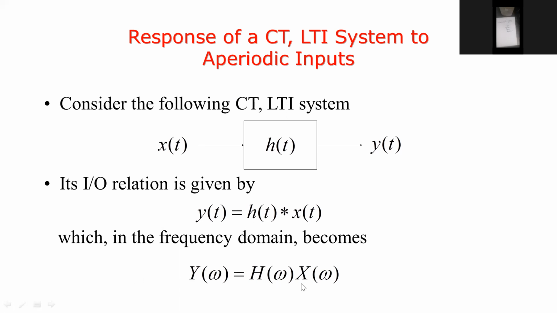The multiplication in the frequency domain is reflected as a convolution in the time domain. And this is a very important system parameter. And actually, this very important slide comes with two important observations.